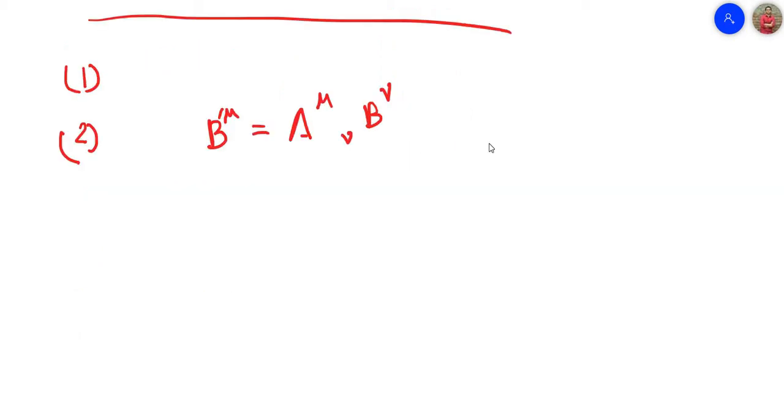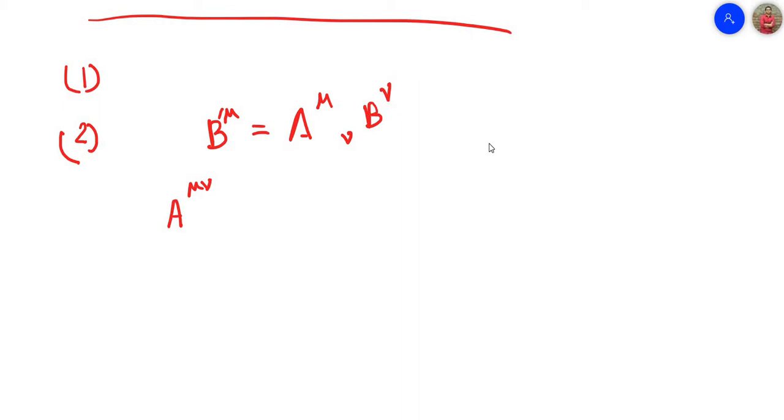Now that we know about tensors, it begs the question, how do 4-dimensional tensors transform? So I'll give you an example. If we have a tensor which has 2 contravariant components, then for each component we'll have one Lorentz transformation matrix.